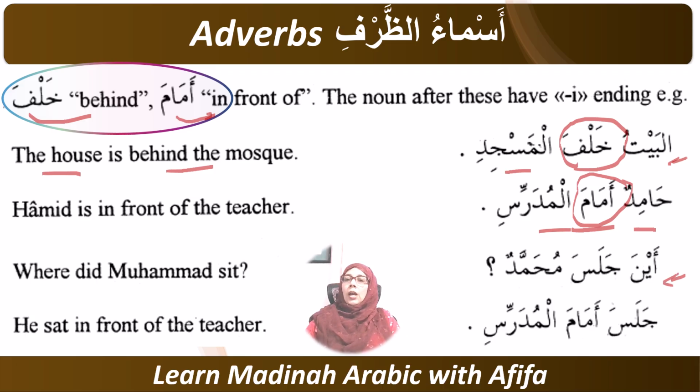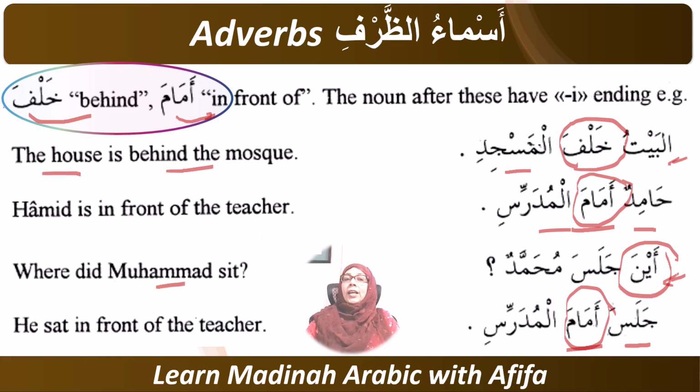The next one, Aina jalasa Muhammadun. Where did Muhammad sit? So Aina is asking the question here, and the answer is Jalasa amam al-mudarrisi. It means he sat in front of the teacher. And your adverb here is amama. Amam al-mudarrisi.